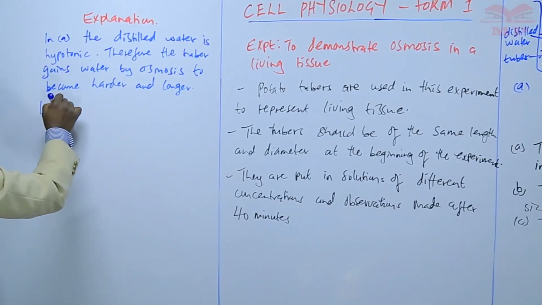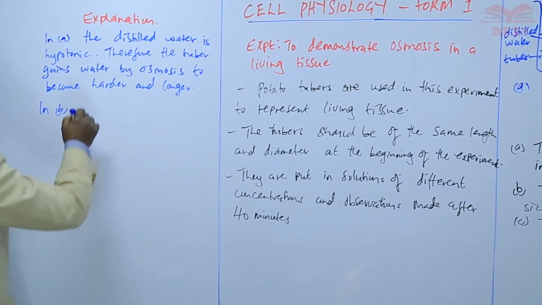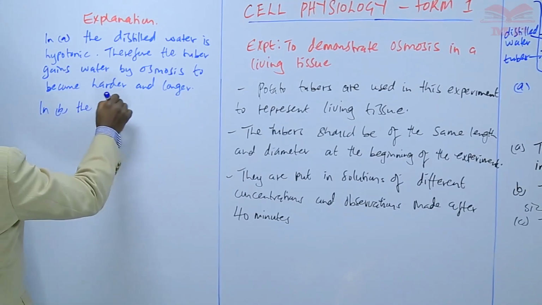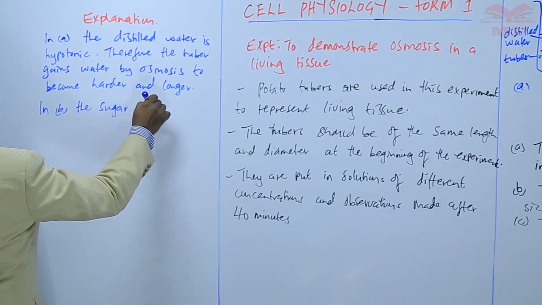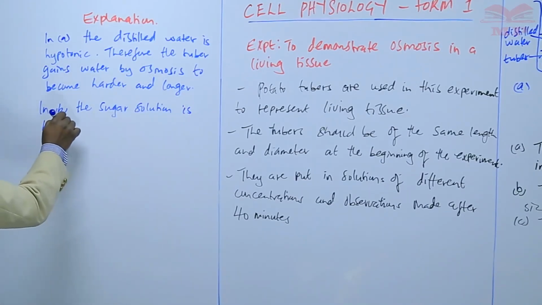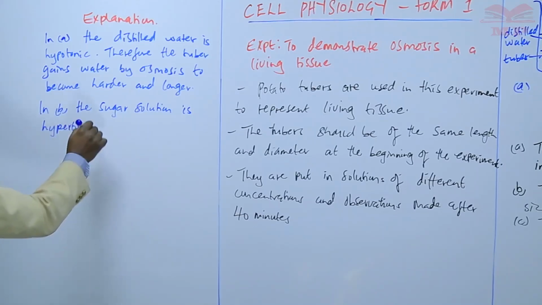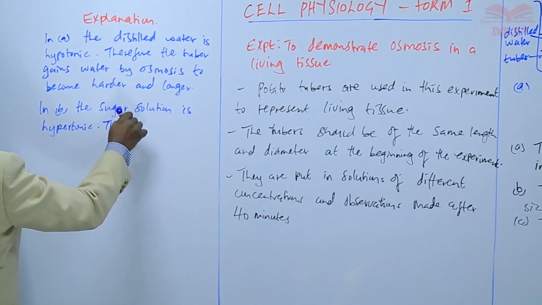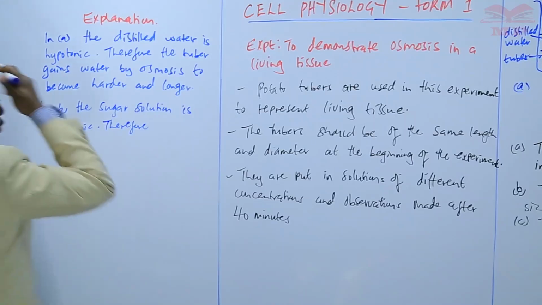In B, the sugar solution is hypertonic. Therefore, the tuber loses water.